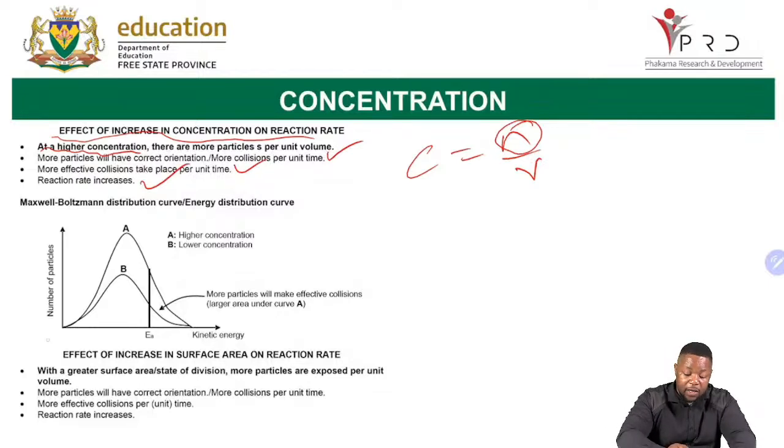On the Maxwell and Boltzmann distribution curve, the effect of concentration will not change the shape of the graph, rather it will make the graph bigger or smaller.